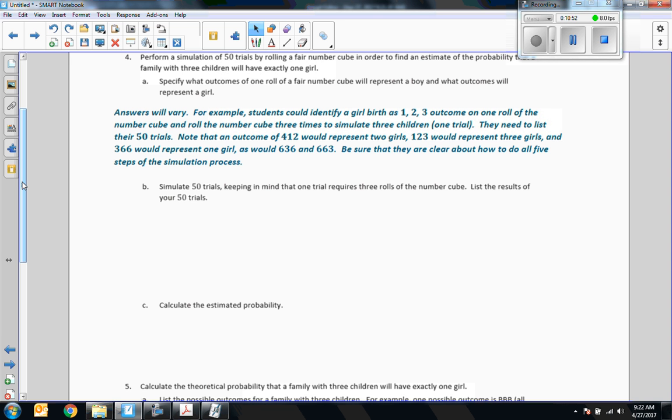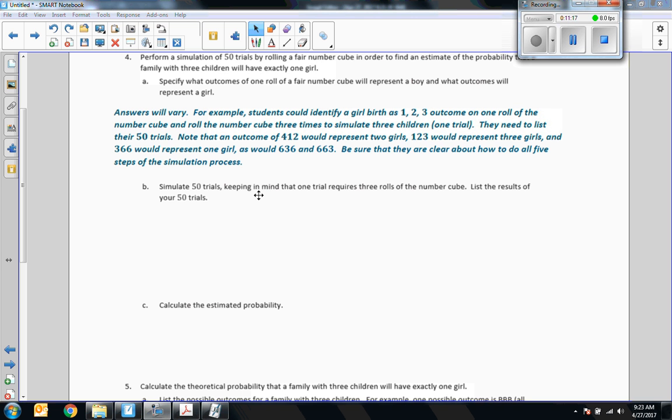Roll it 3 times, that's 1 trial. Part B says to simulate 50 trials. Keep in mind that 1 trial requires 3 rolls of the number cube. List the results of your 50 trials. If you were to do this on your own, it would take a little while.